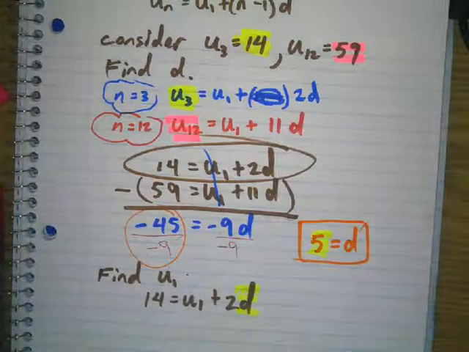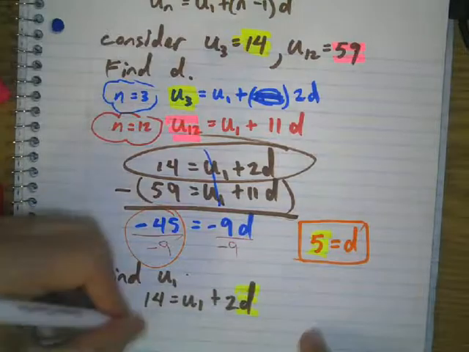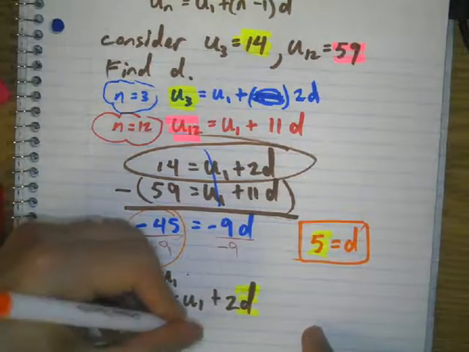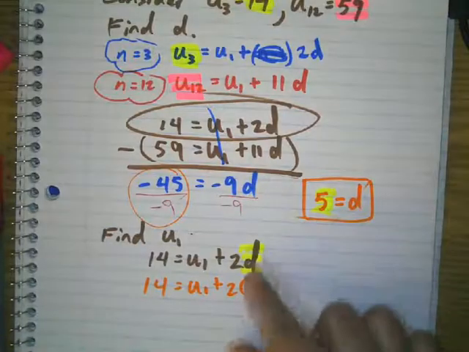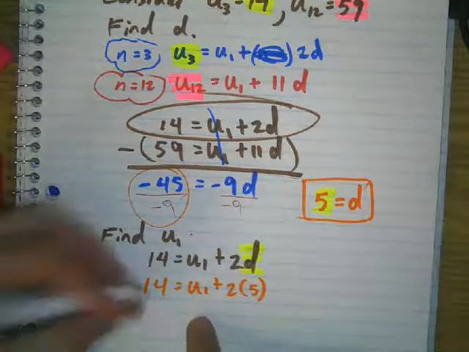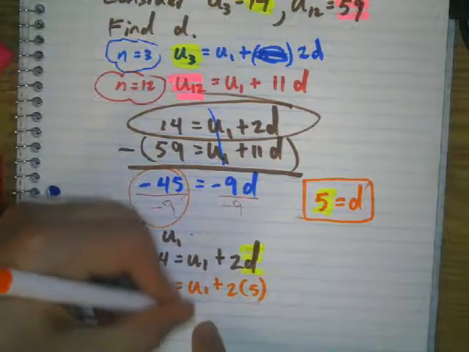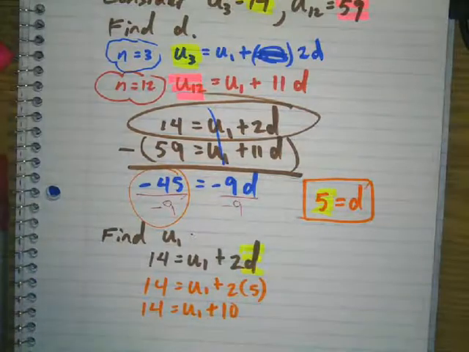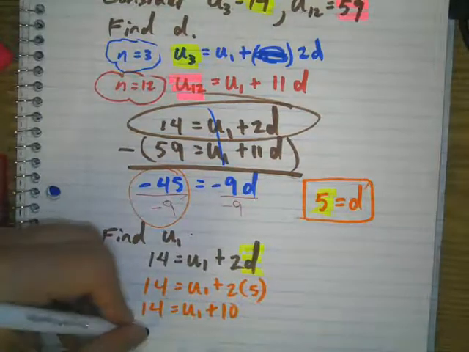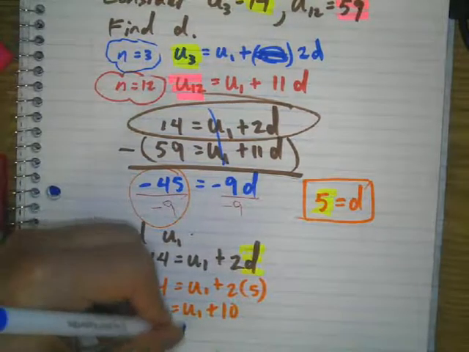So then I end up with 14 equals u sub 1 plus 2 times 5. Okay, because I'm replacing d with 5. So now I've got 14 equals u sub 1 plus 10. Well, if I subtract 10 on both sides, I end up with u sub 1 equals 4.